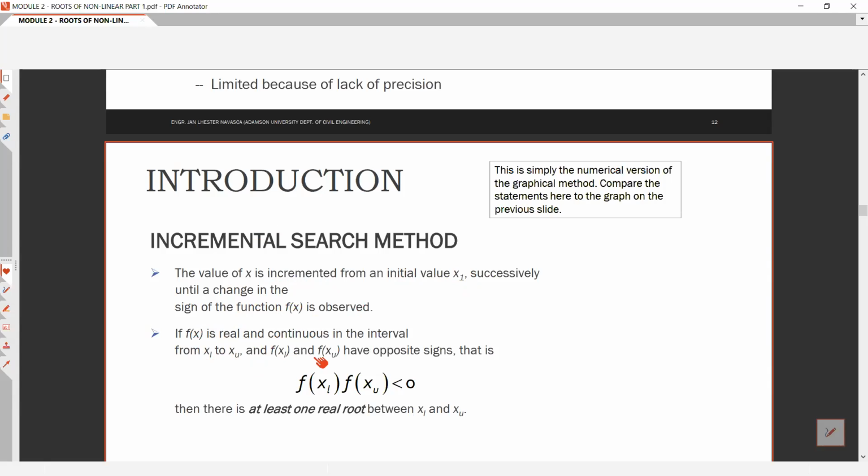So f of xl and f of xu have opposite signs, okay? Then there is at least one real root. Ano ba ibig sabihin nito? Yung function daw, kunwari left mo, yung boundary mo, okay? Pag pinag-multiply mo daw is negative value, andun daw yung root mo.